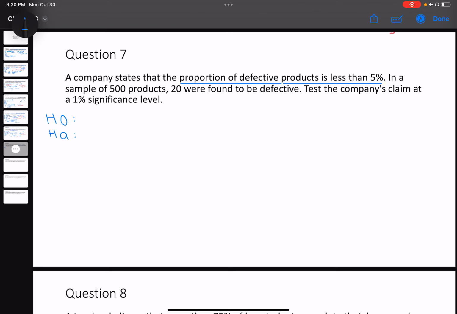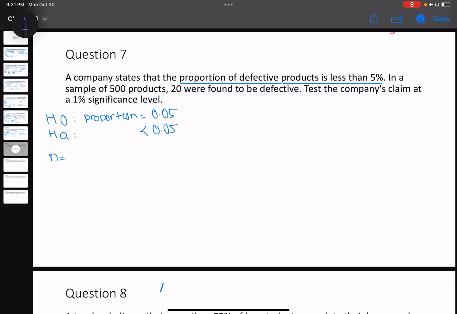So the null: proportion of defective products equals 5%. Alternative hypothesis: the proportion is less than 0.05.